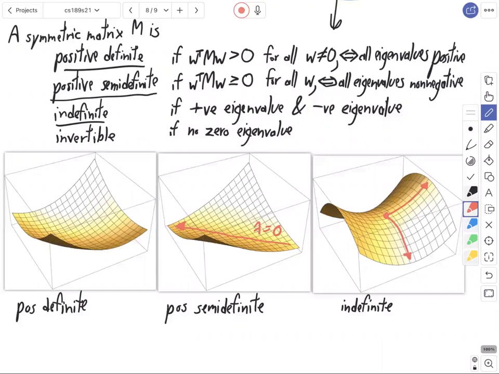And in the left example, by the way, you can eyeball the eigenvectors as well, because clearly there's a direction where we go uphill quite steeply, and there's a different direction orthogonal to that where we go uphill much more gently. And in the positive semi-definite case, there's an eigenvector also going up steeply, orthogonal to the trough eigenvector.